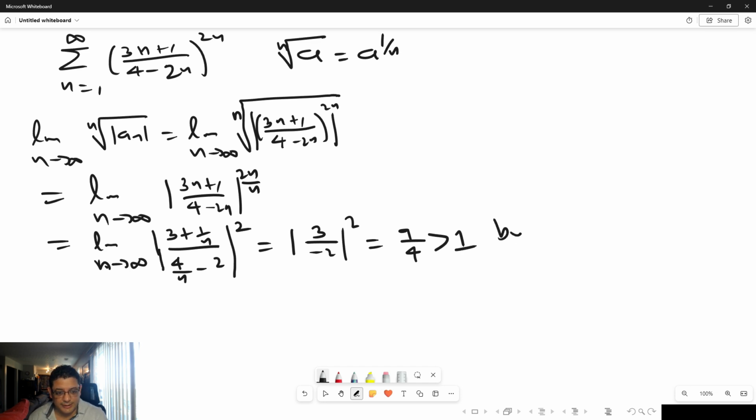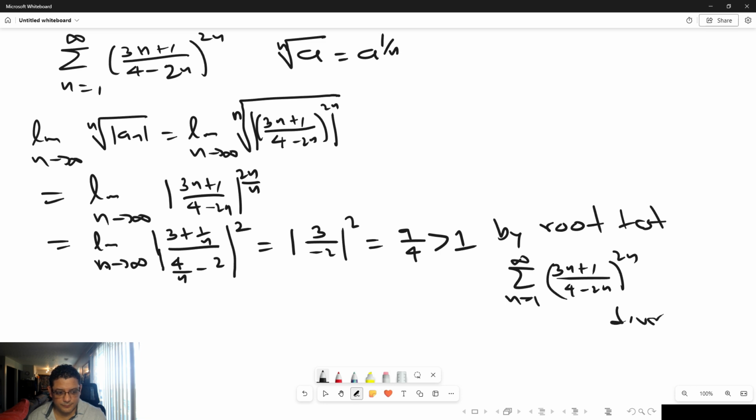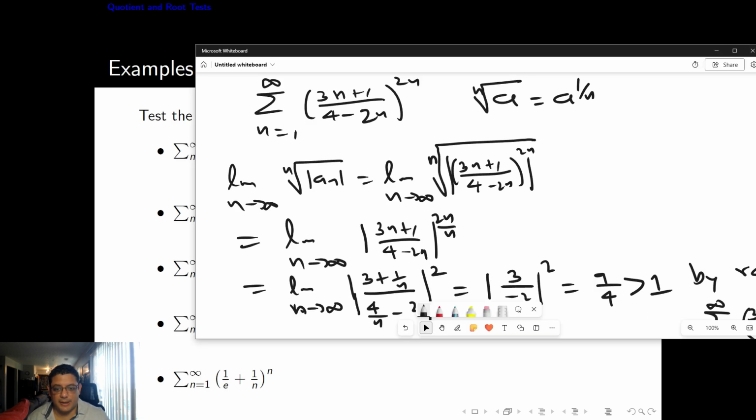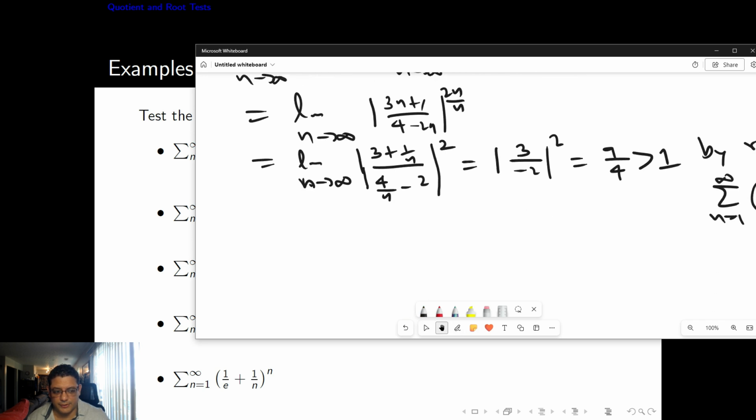So by the root test, this is divergent. So this is the case where it diverges.